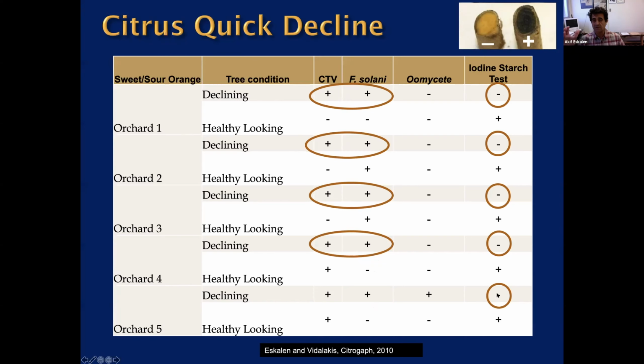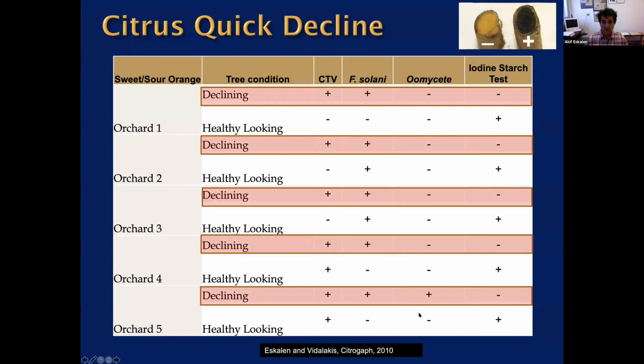The reason that we wanted to look at the starch test is that the Fusarium solani is known to attack and colonize starch depleted roots. That's what they like. So when we look at the declining trees, they all have the same pattern, a combination of the CTV and Fusarium solani.